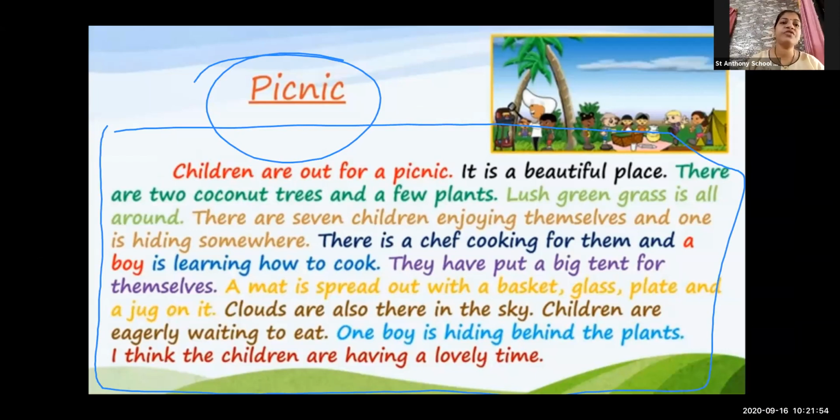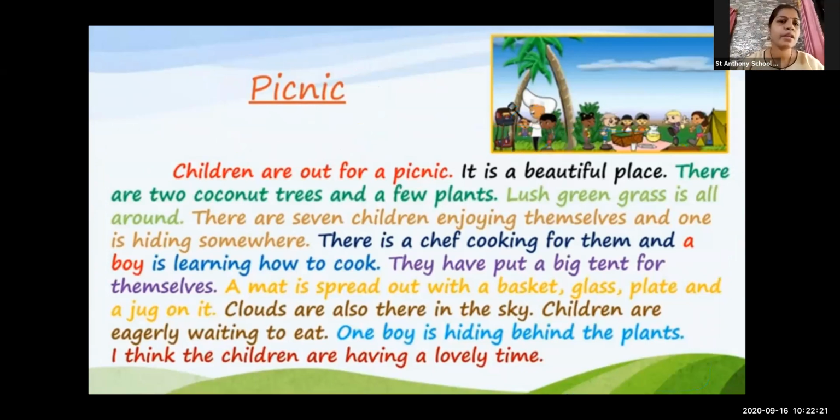Children are out for a picnic. It is a beautiful place. There are two coconut trees and a few plants. Lush green grass is all around. There are 7 children enjoying themselves. It should be 8. One is hiding somewhere. Why is it mentioned 7? Because one boy is hiding behind this tree.